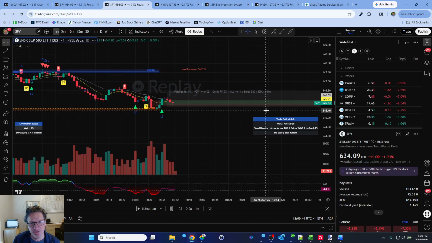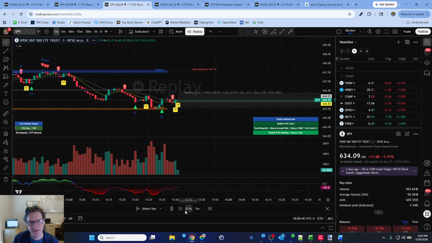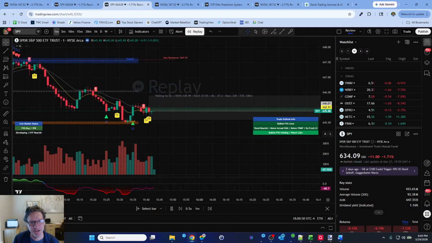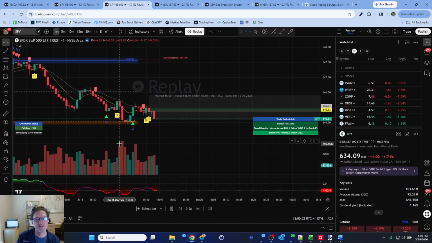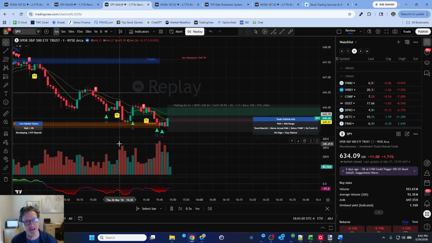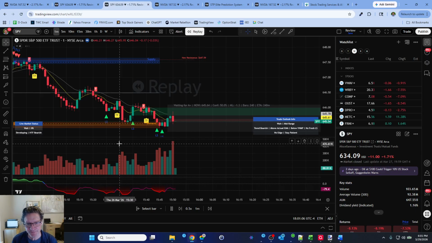So let me speed this up. Sometimes when I speed it up, there get to be calculation errors because it's trying to do too much. There's a lot going on in my algos, but this is what the 1 minute chart does, and you can see the symbols that it builds out.